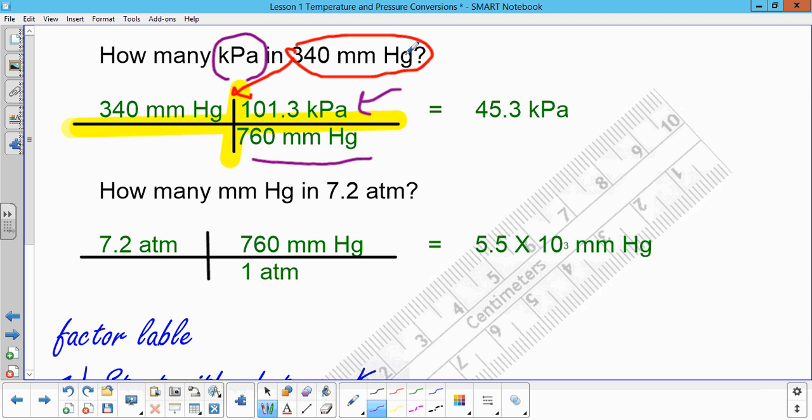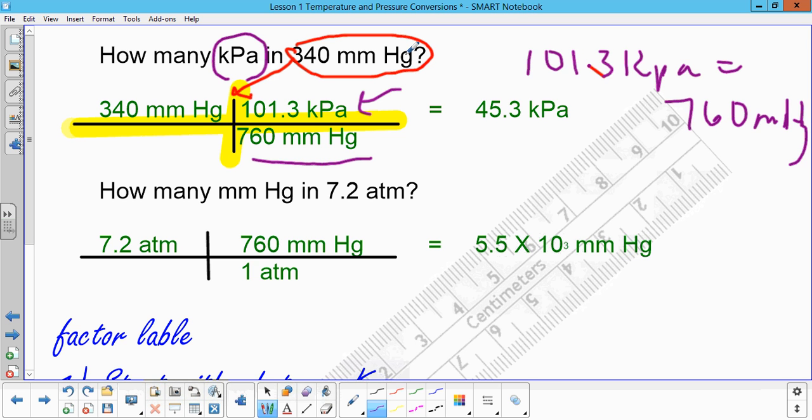Now, which numbers make it true? Remember, a truth is anything that's equal to each other. We know from the previous page that 101.3 kilopascals is the same thing as saying 760 millimeters of mercury. They're equal to each other. So this is a case of special one. These numbers are equivalent to each other.